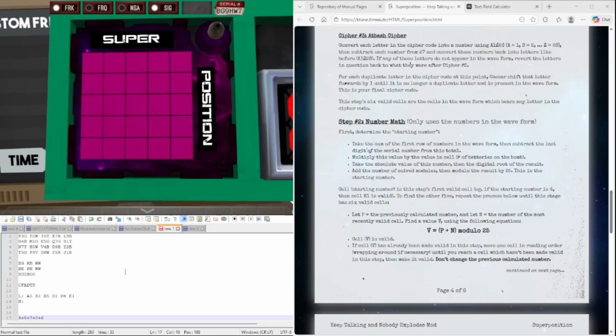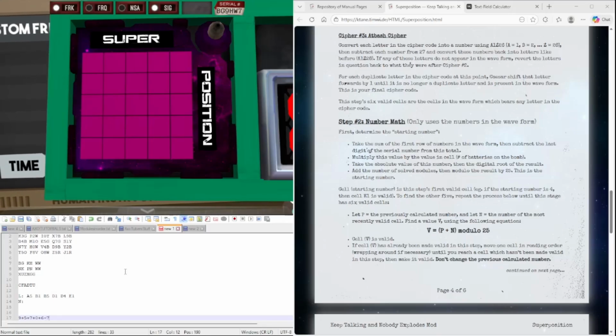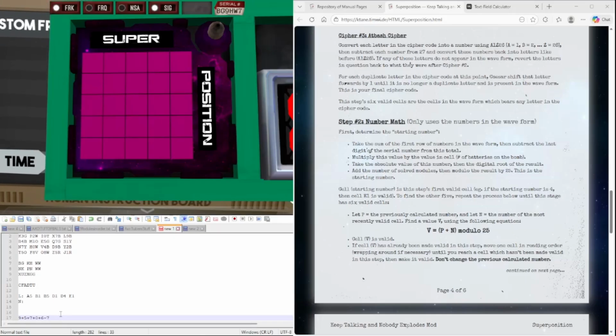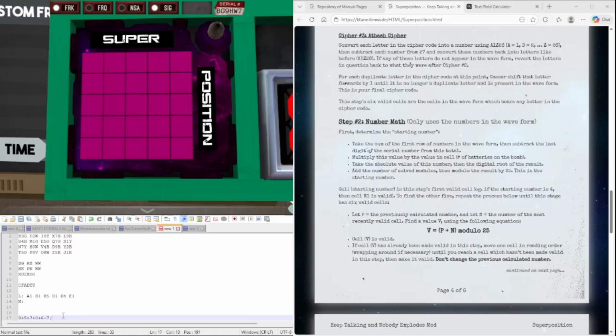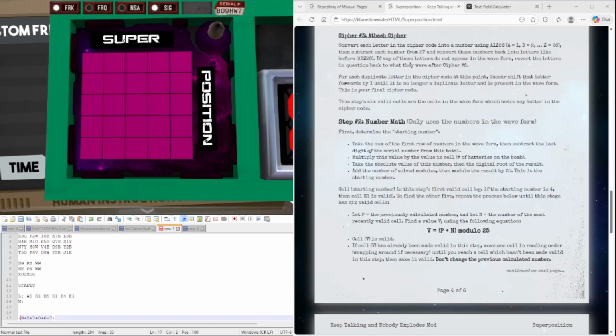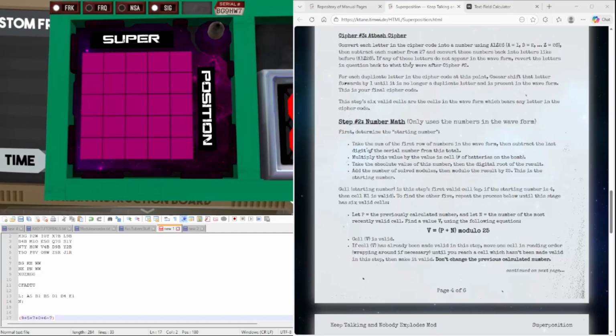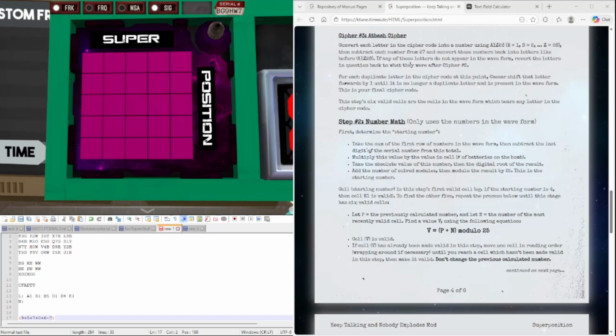Subtract the last digit of the serial number from this total, minus 7. Multiply this value by the value in cell, number of batteries on the bomb. There are none, so that's the first one.